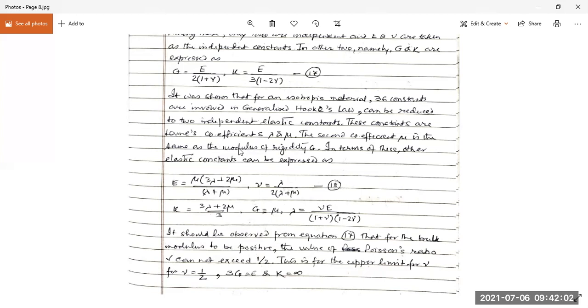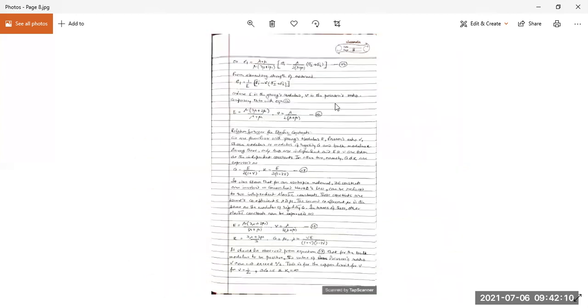If we put the value of E from this equation, and put the value of gamma from this equation, then E will take the particular form mu into (3 lambda plus 2 mu) divided by (lambda plus mu), and gamma will take the form lambda divided by 2 into (lambda plus mu).